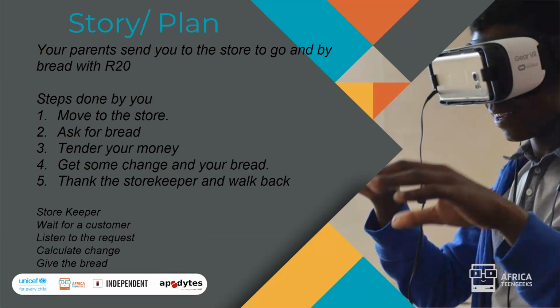And then you're going to ask for bread, and then you're going to tender the money, and then you're also going to get some change, and then your bread, and then you thank the storekeeper and you walk back. So those are the steps that we are going to code for ourselves.